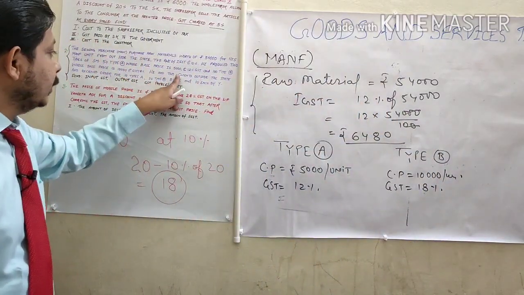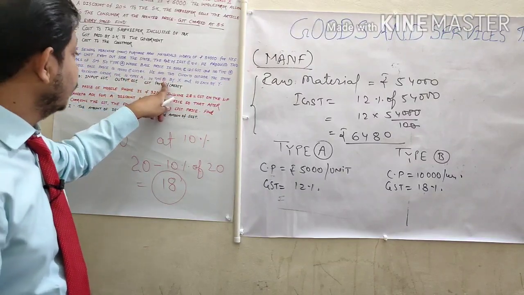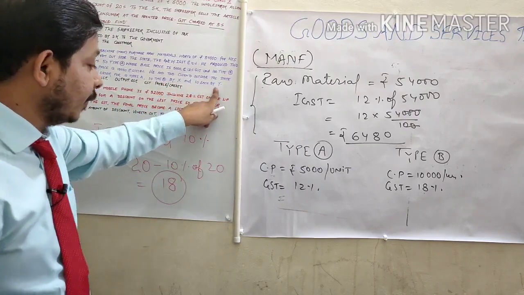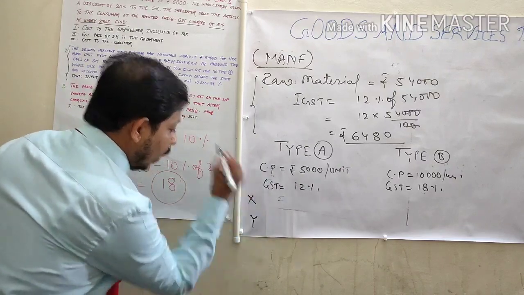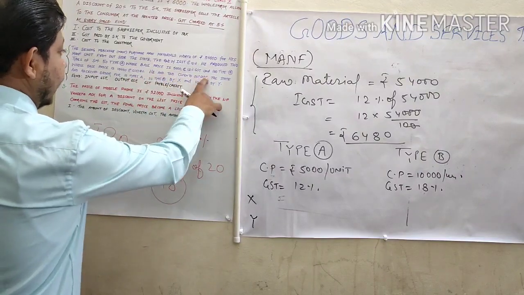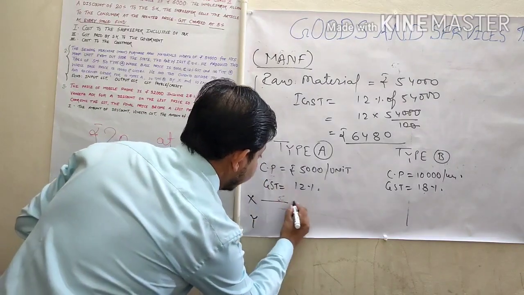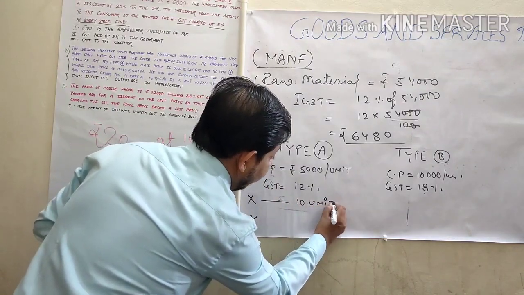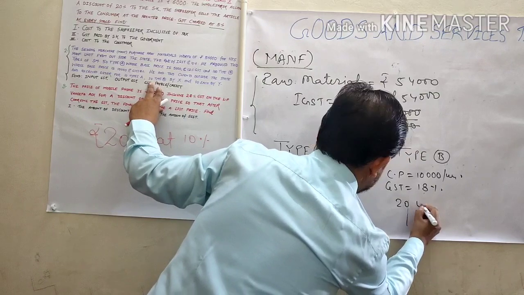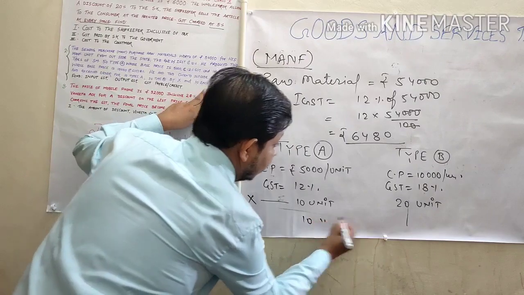And then he had two clients outside the state, and received orders for 10 units of type A and 20 units of type B by X, and 10 each by Y. Now two clients, X and Y. X wants 10 units of A and 20 units of B, and Y wants 10 units each.